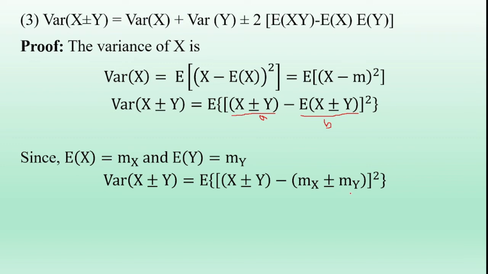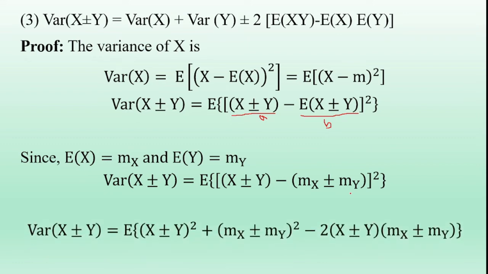Now applying the expansion of a minus b whole square: the expectation of a square, x plus or minus y whole square, plus b square, where b is mx plus or minus my, so mx plus or minus my whole square, minus 2ab, where a is x plus or minus y and b is mx plus or minus my.